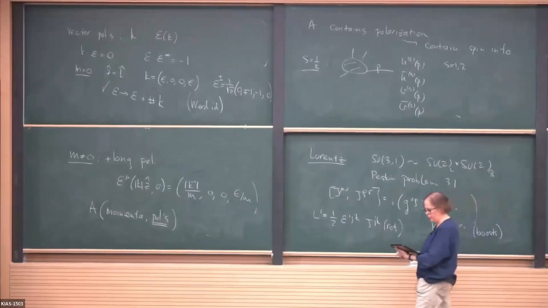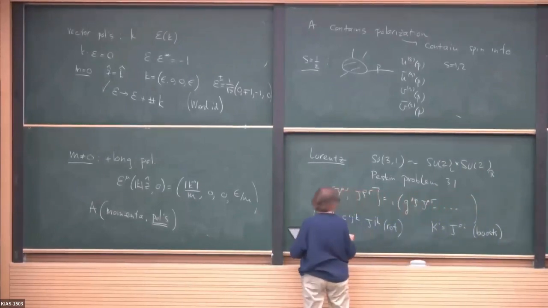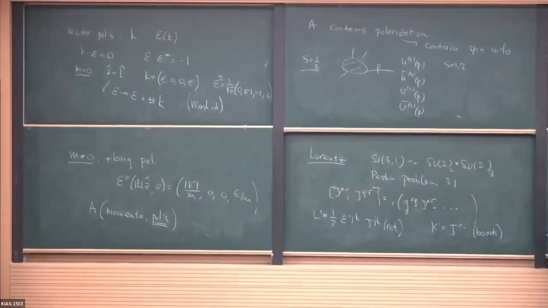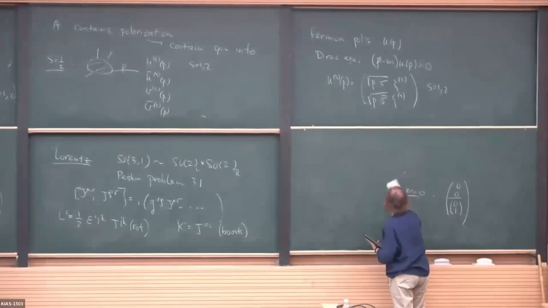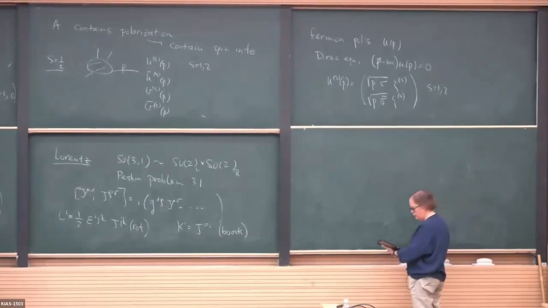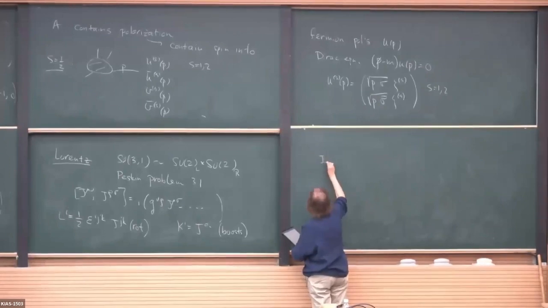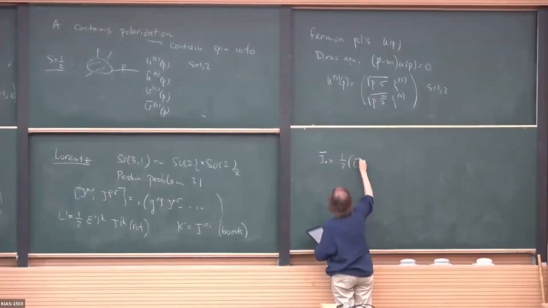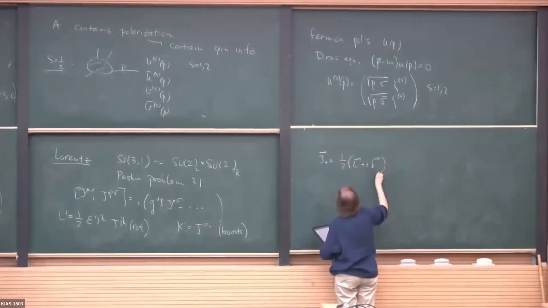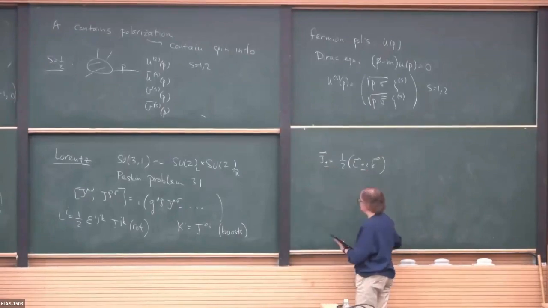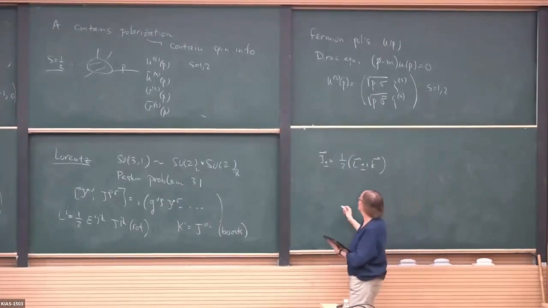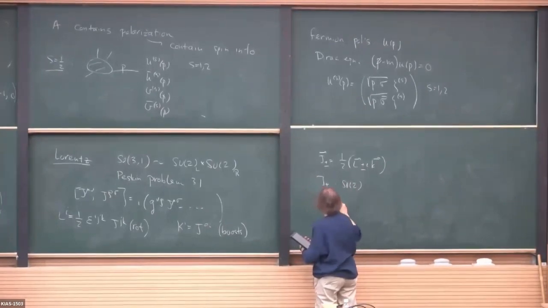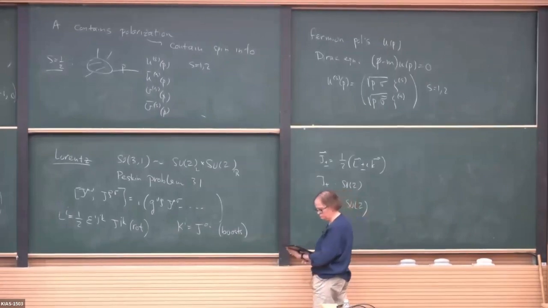And out of these guys, we can form other combinations. So we can form J pluses that are 1/2 (L plus iK), and J minuses, which are these guys, and J pluses form one SU(2), and the J minuses form the other SU(2).